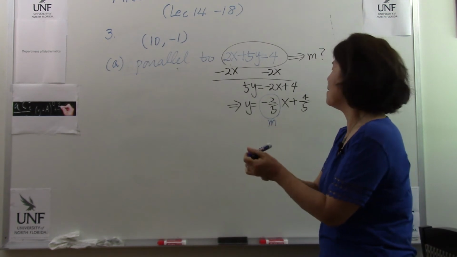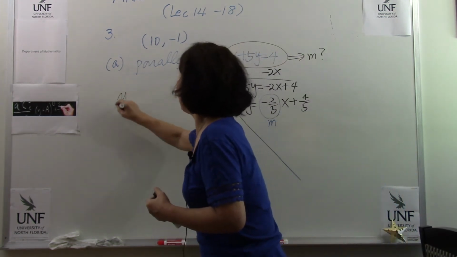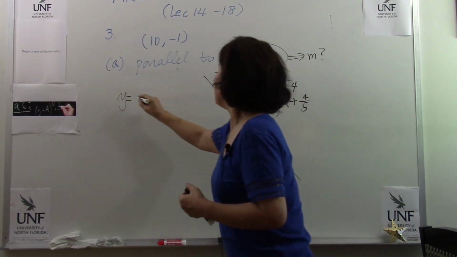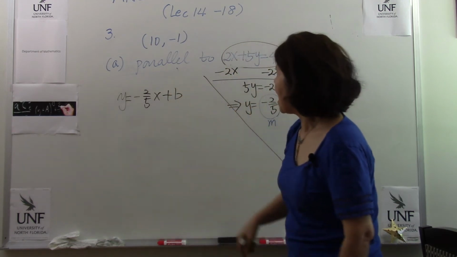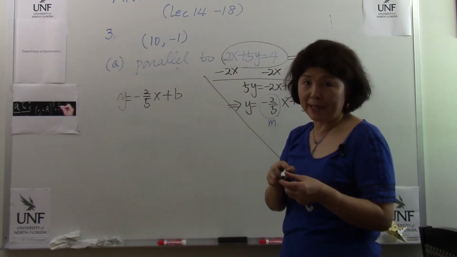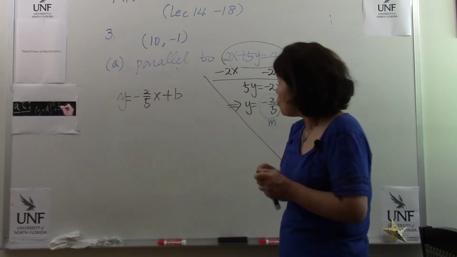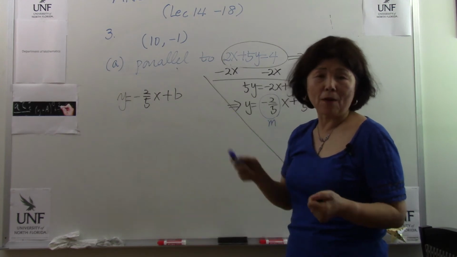So now we have a brand new game over here. Meaning you have y equals minus 2/5 x plus b, and this line is passing through (10, negative 1). So using this information, we are going to determine the value of b.